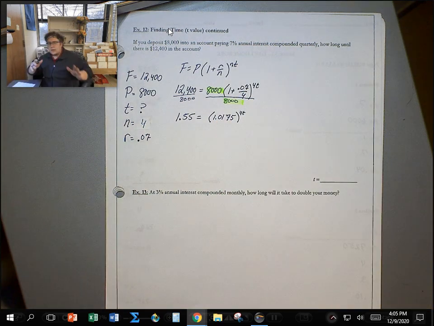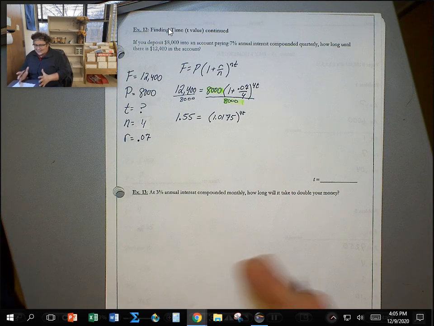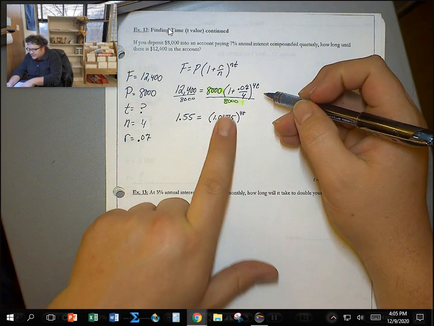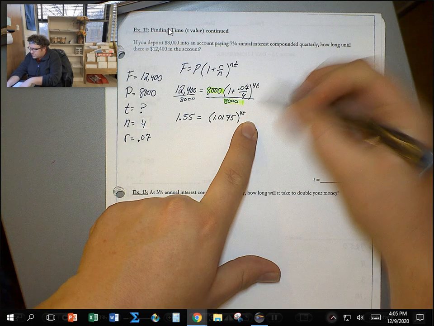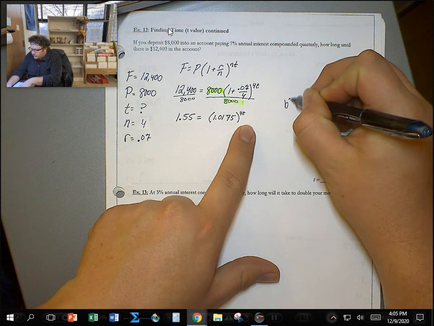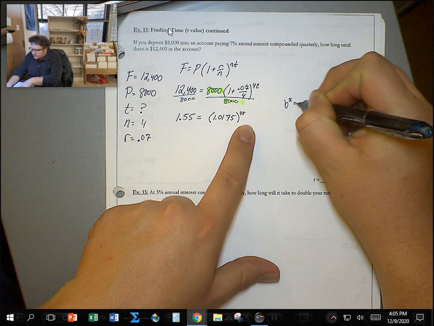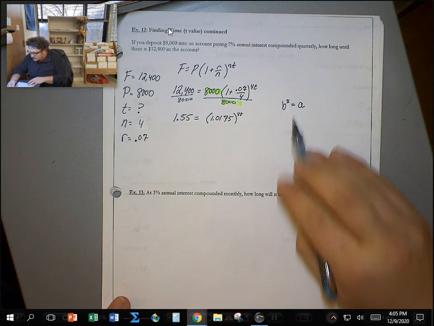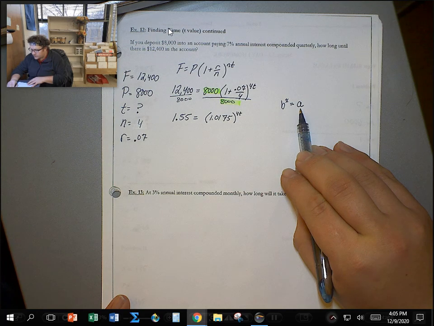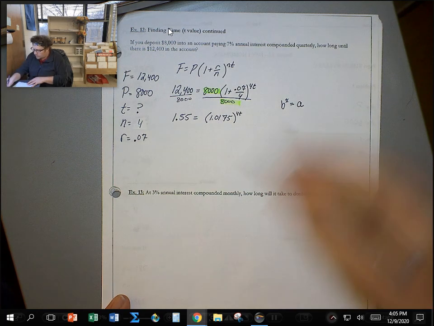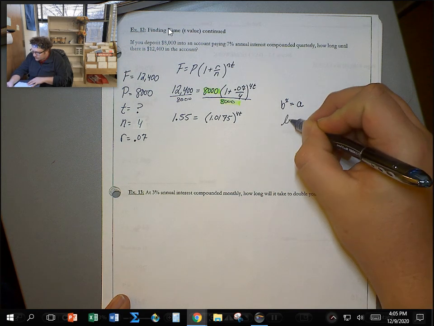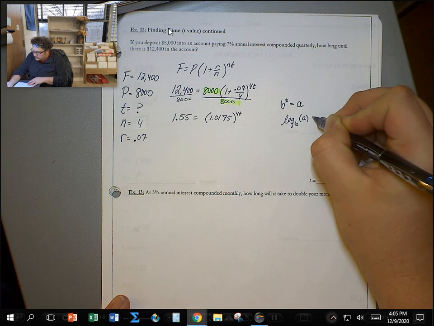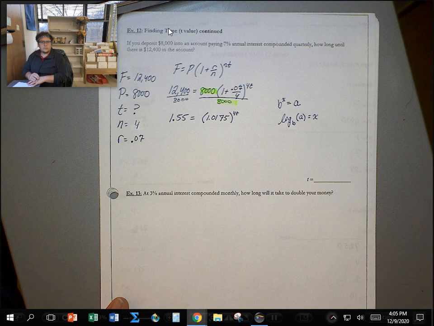Now, we're back in that same position where we have an answer, we have a base, and we have an exponent. So very briefly, I'm going to rewrite this in variable terms. Okay, we have a base raised to x equals an answer. And the way that we rewrite that with a logarithm is to say log base, the base, of the answer equals the exponent.